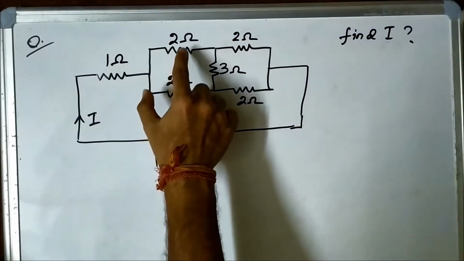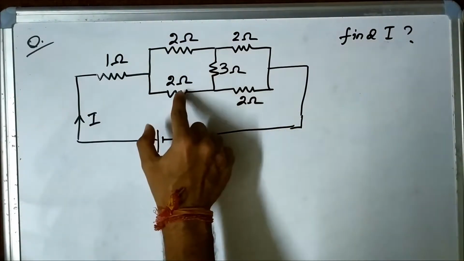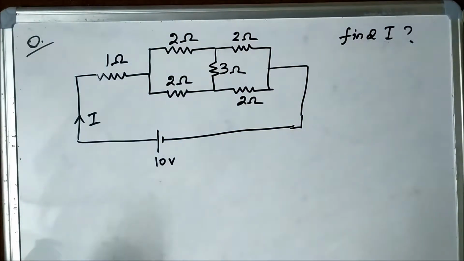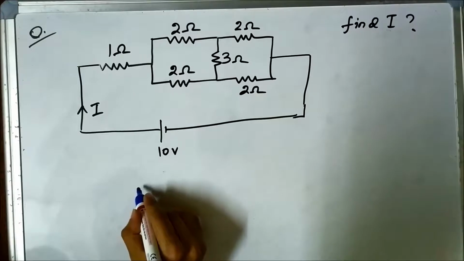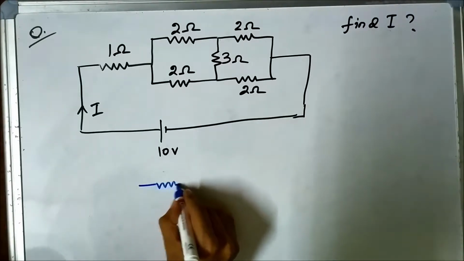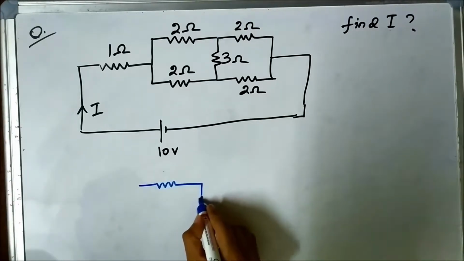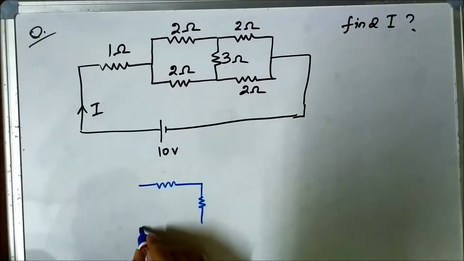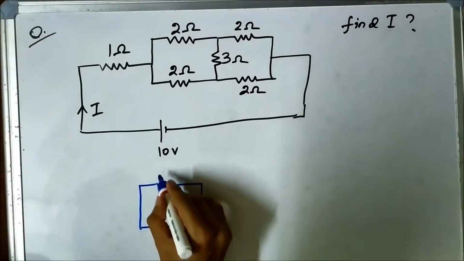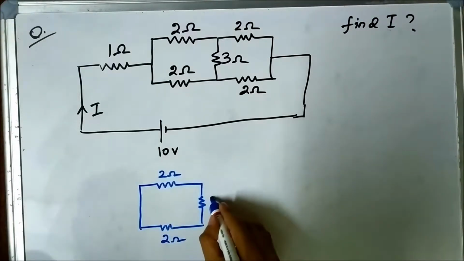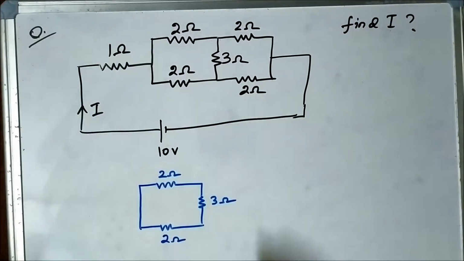I am talking about this 2 ohm, 3 ohm and 2 ohm connection. Let us draw it separately: this 2 ohm, this 3 ohm and this 2 ohm. This is a pi shape.